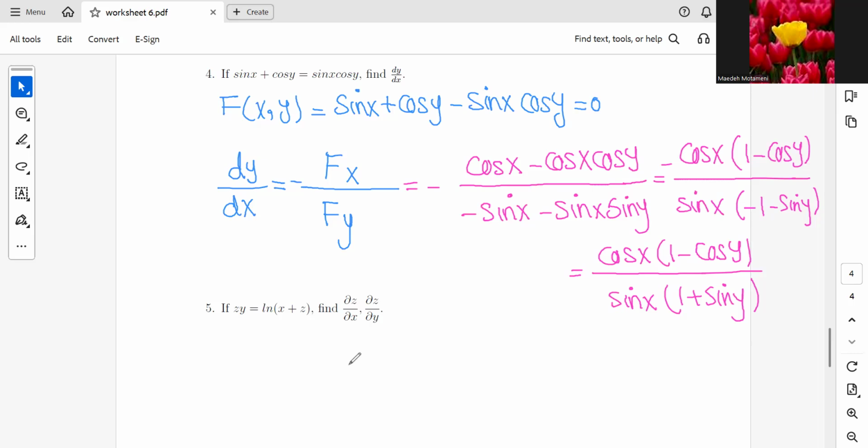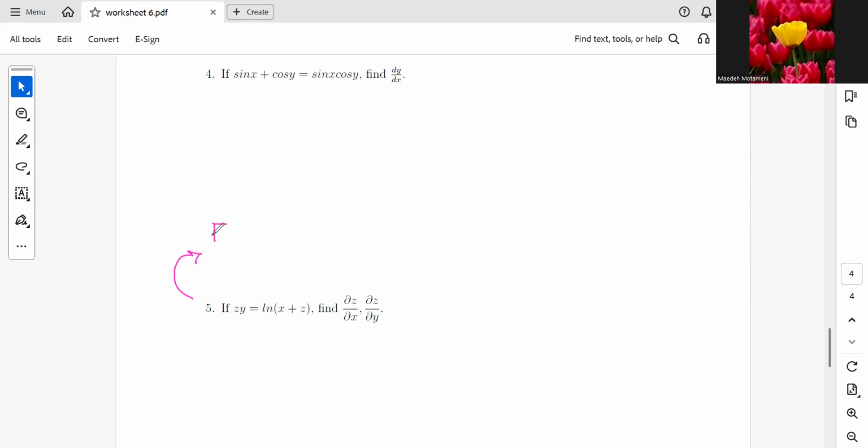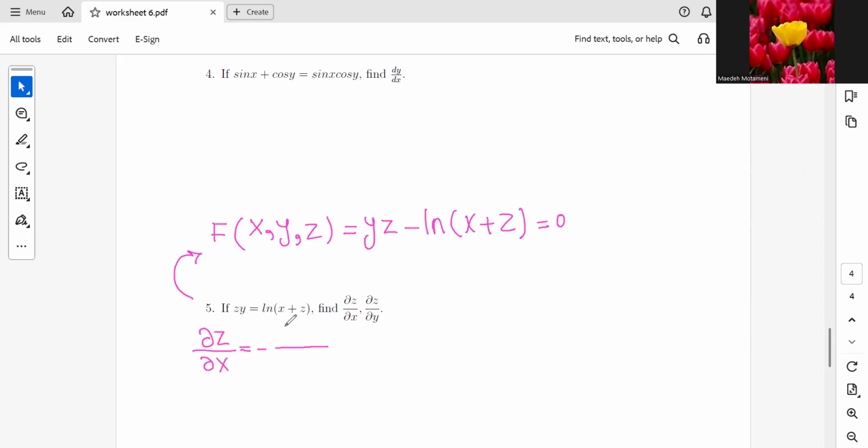Last one is something like the previous one. So we can write this as capital F, but this time instead of 2 variables, we will have 3 variables. And that would be y times z, or z times y, minus ln of x plus z equals 0. In order to find the partial derivative of z with respect to x, we're going to use negative the partial derivative of capital F with respect to x over the partial derivative of capital F with respect to z.